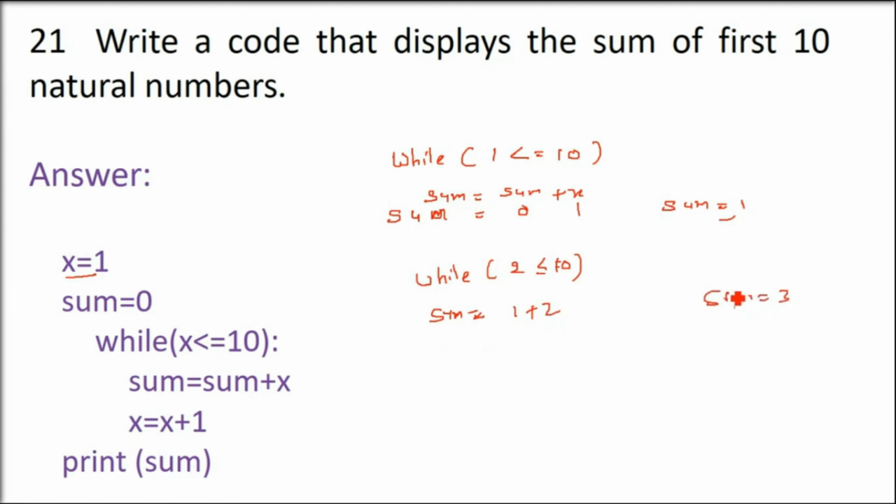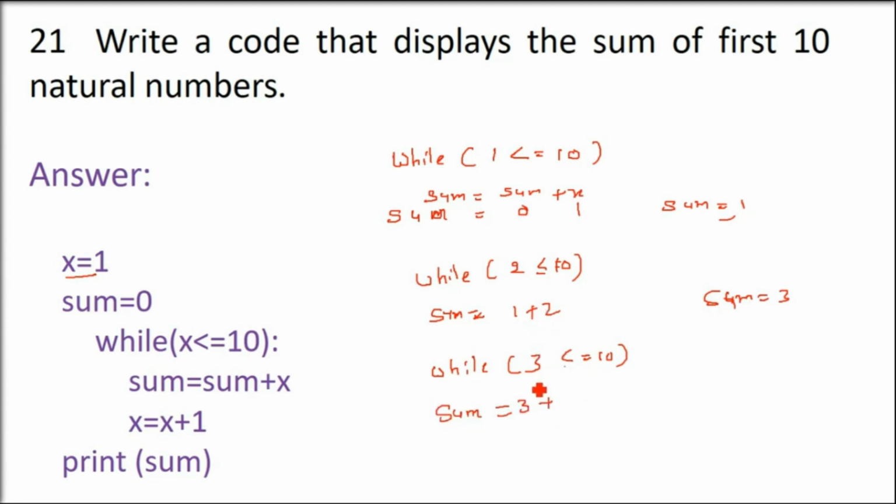Coming to the third one, let me tell you 3 iterations, then you will understand well. Now x has become 3. x equals x plus 1. So while 3 is less than or equal to 10, yes. Now sum will be what? Sum was 3 after the second iteration. At the third iteration, it will be 3 plus 3, since x has become 3.